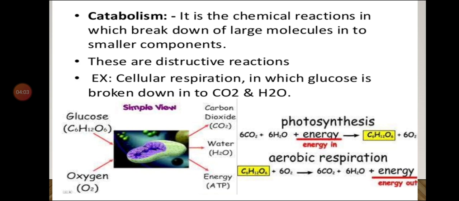Example, cellular respiration, in which glucose is broken down into carbon dioxide and water. Is it clear? This is the first characteristic, that is metabolism. Every living organism shows this characteristic.